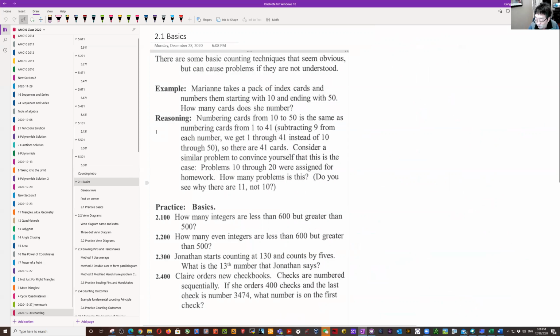Okay, so right now we've reached this point, so let's go to the new topic today. Today we are going to go through counting, and counting is actually a very interesting topic.